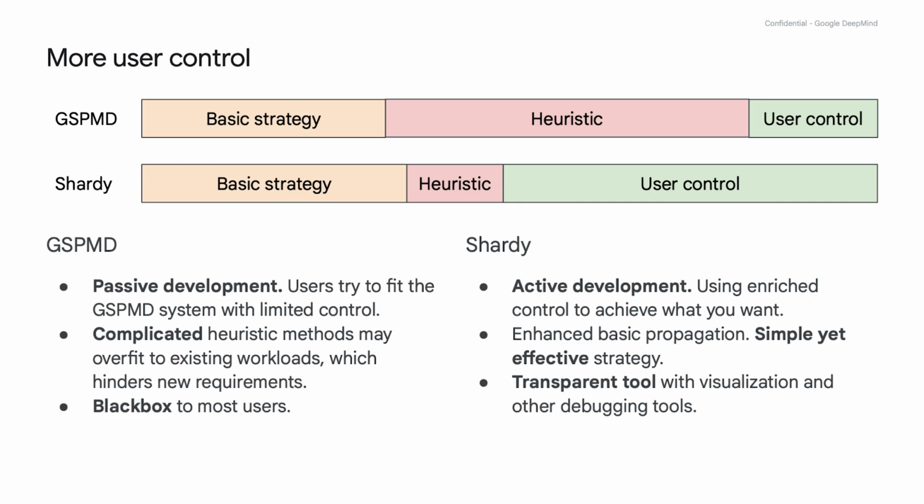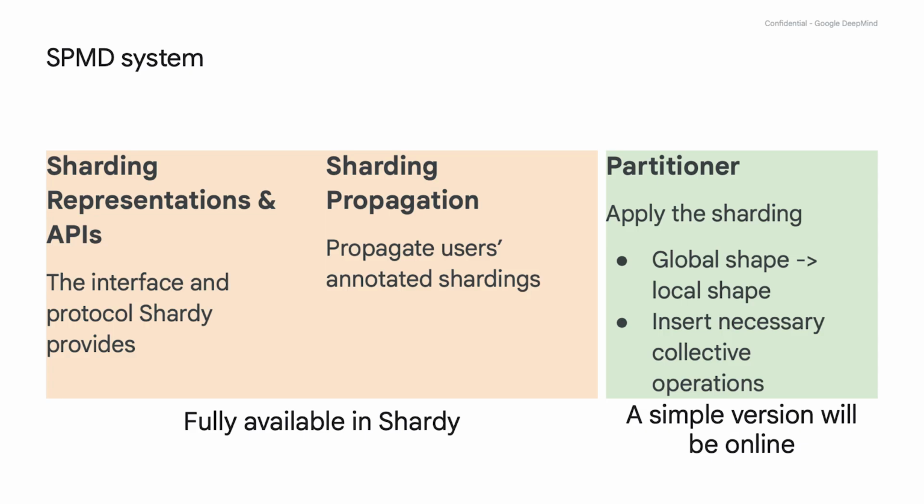With Shardy, users can experience active development compared with the passive development in GSPMD. Further, we simplify the corresponding APIs and sharding strategies to provide much more control for users. And these tools are fully public, and we provide visualization and debuggability tools to help users visualize this process. This is an overview of the SPMD system.